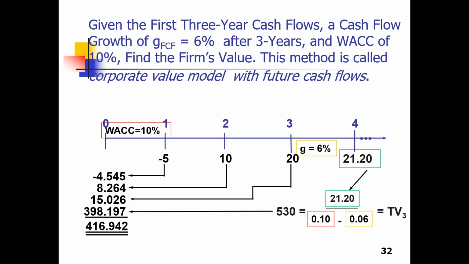Okay, here is an example of a real world calculation that you can do for SAP. In this example, they say WACC, or weighted average cost of capital, is 10%.